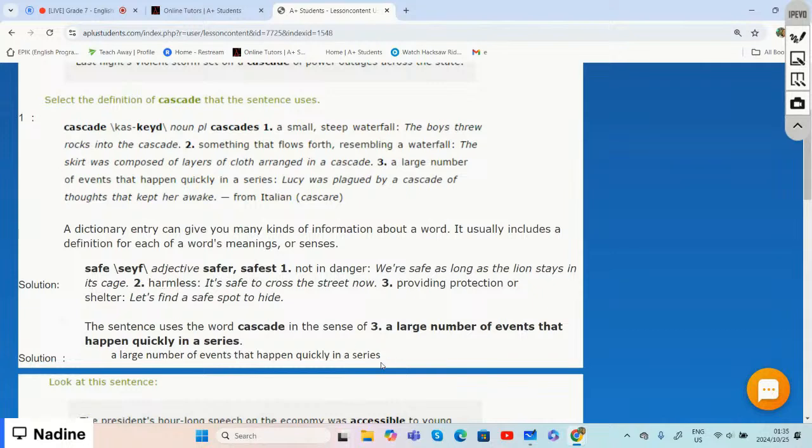So here we have a word that is cascade. The first definition is a small, steep waterfall. The second one is something that flows forth, resembling a waterfall.